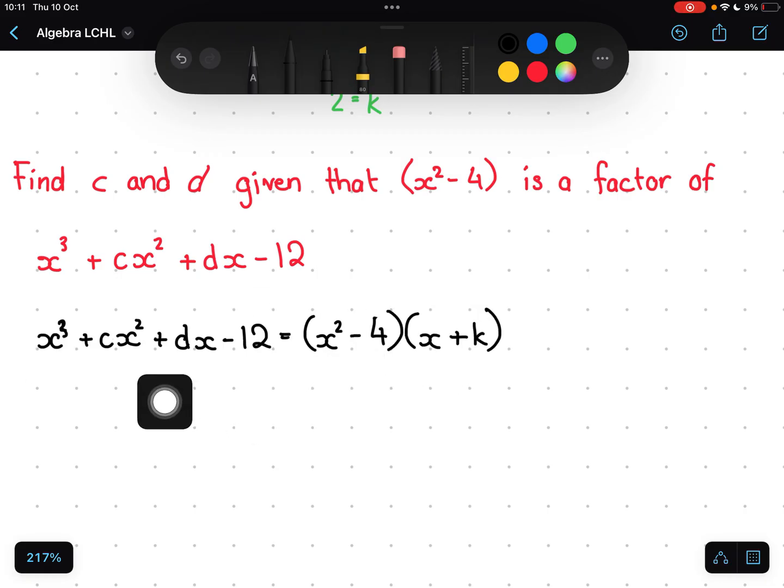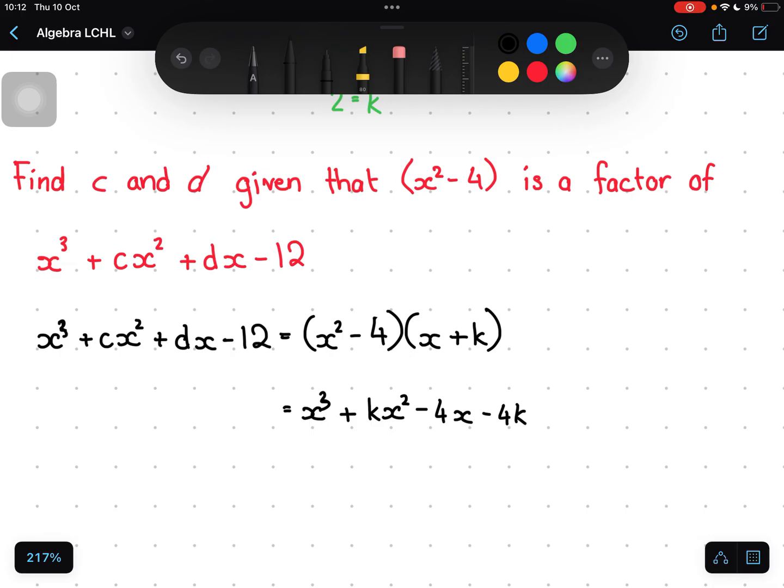So again here, I need to write these in the same form. So I'm going to expand out my right-hand side so that I get x squared by x, so x cubed, and then an x squared by the plus k, so that it's kx squared. Then I have a minus 4 by the x, so minus 4x, and a minus 4 by k, so minus 4k.